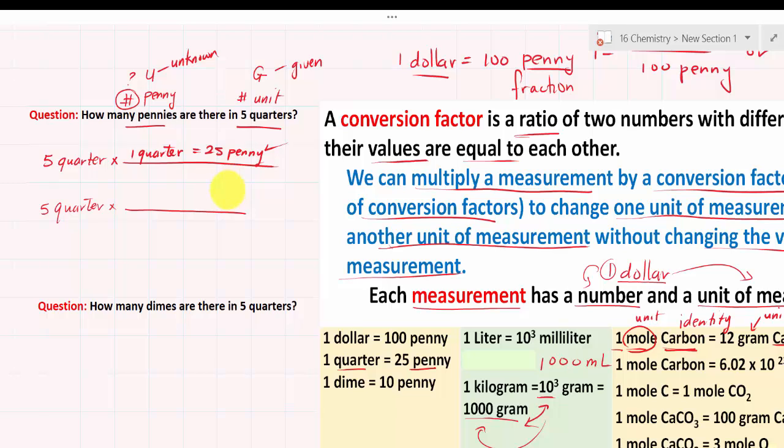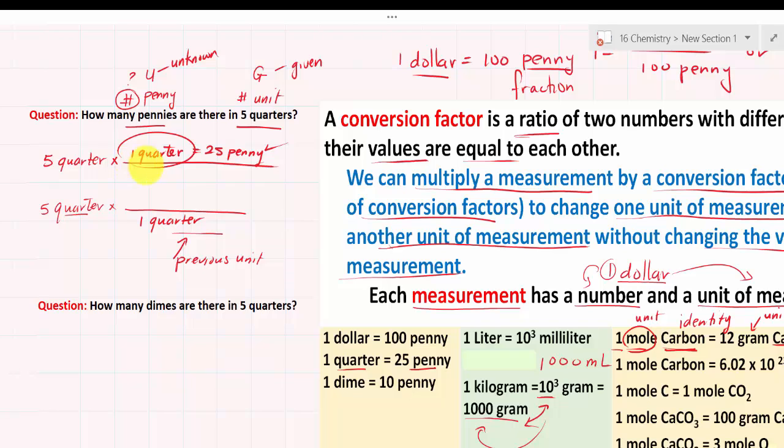The tricky part is what unit goes on top and what unit goes on bottom. Remember, we want to cancel out, or get rid of, quarter to figure out penny, right? And that is the reason why this unit will always be the one on the bottom, as well as the previous unit. In this case, the previous unit is quarter. So down here must be quarter. So here we have 1 quarter.